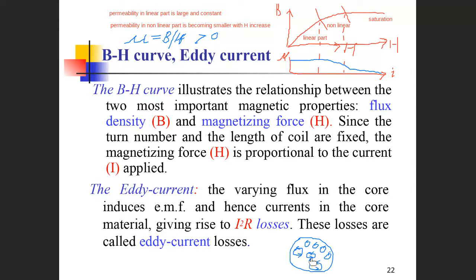So left and right in this part cancel, and what is left is the upper and lower. So at the end, look here, in the edge part, you may have an effective current.